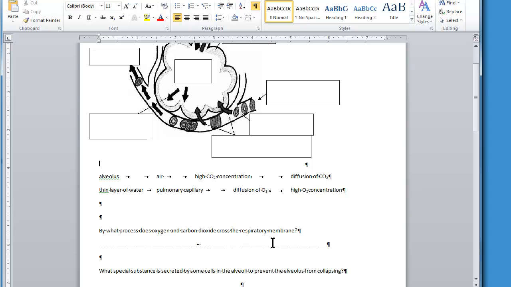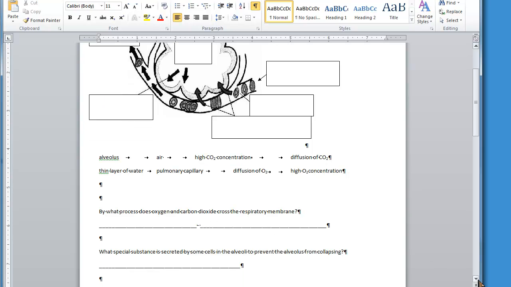So gases exert a pressure as they are dissolved in plasma, and that's primarily the number we use to describe pressure differences across the respiratory membrane, is the amount dissolved in plasma, the liquid portion of our blood. So it's always from high to low pressure.